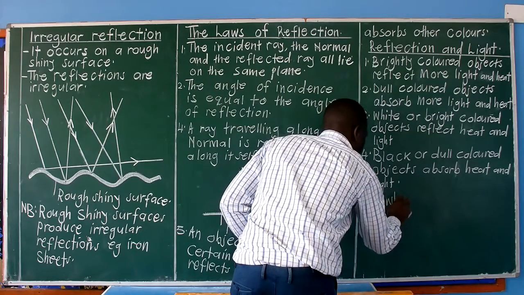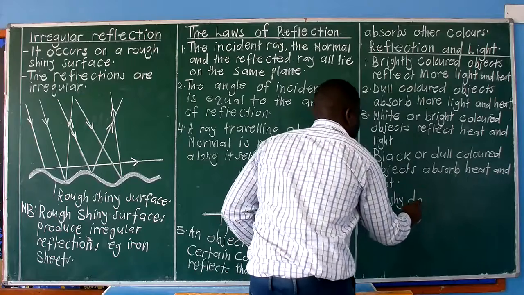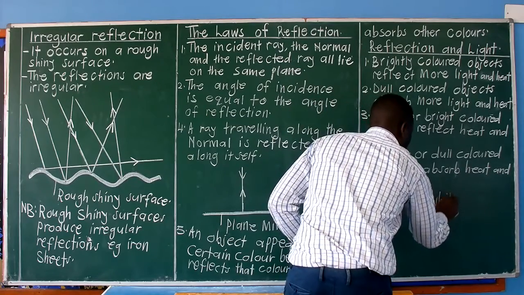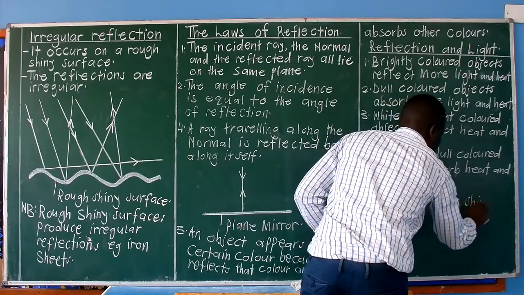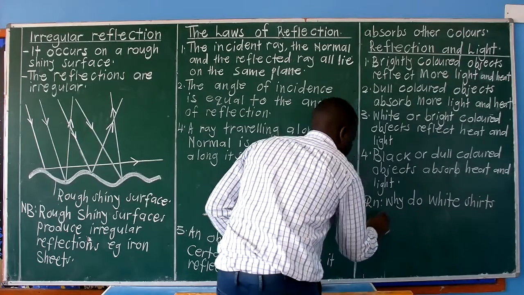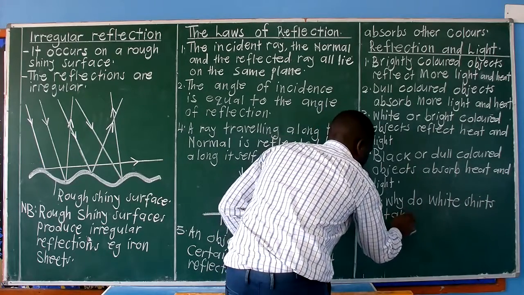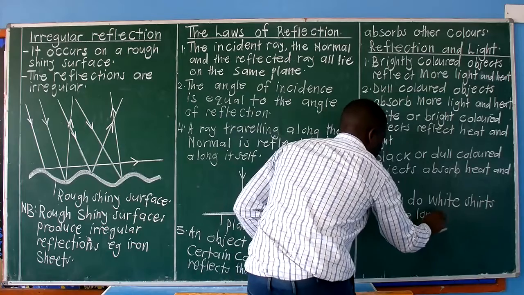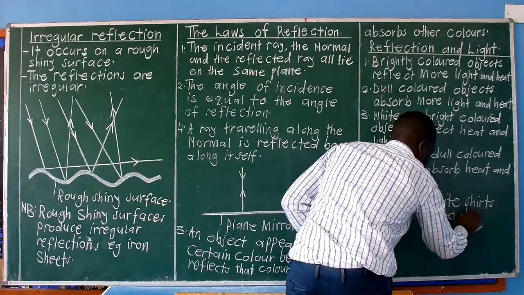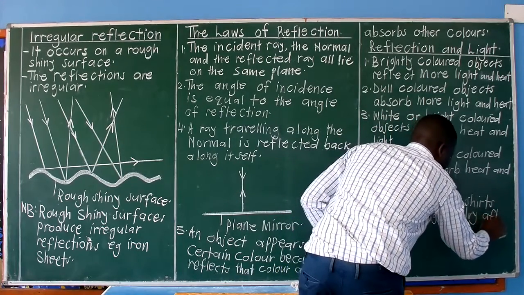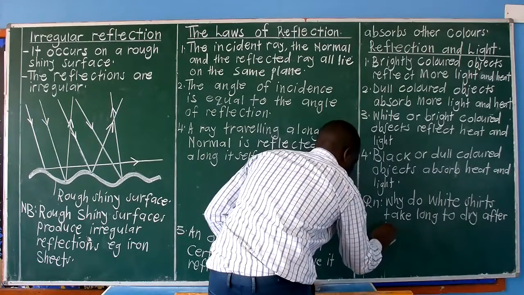Why do white shirts or skirts take long to dry after washing them?